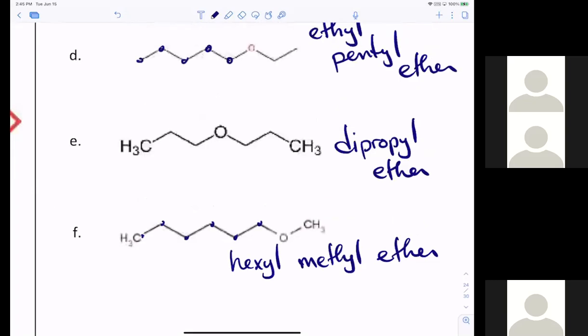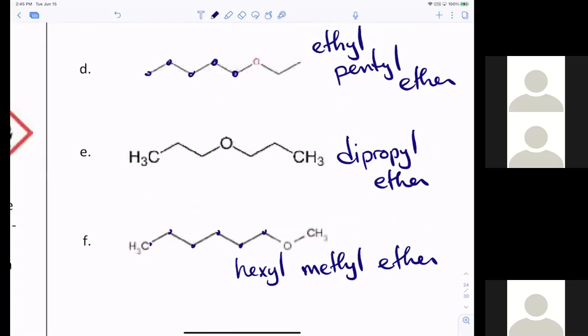What are some of their formulas? Remember I said these are like alkanes with an oxygen stuck in the middle, right? So when you look at D, ethyl pentyl, isn't that 7 carbons total? 2 plus 5. So then the formula would just be C7H16, the alkane with an O. Dipropyl ether.